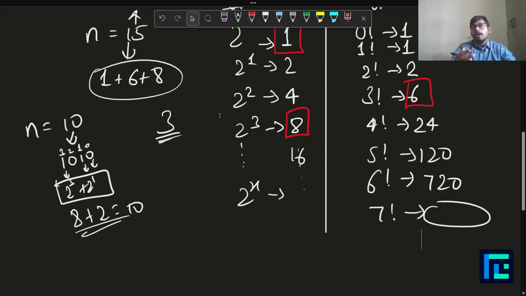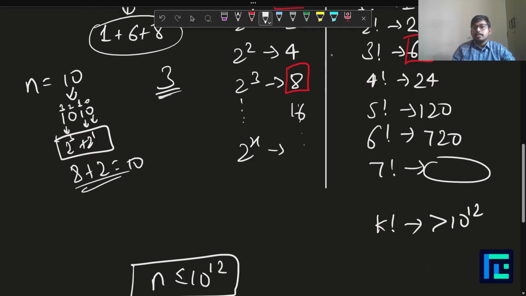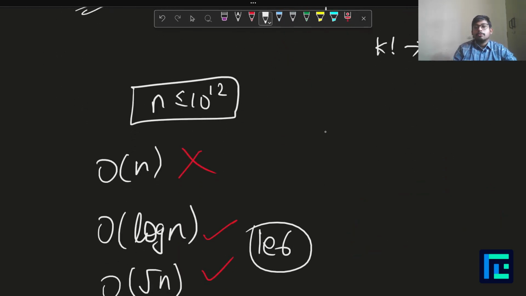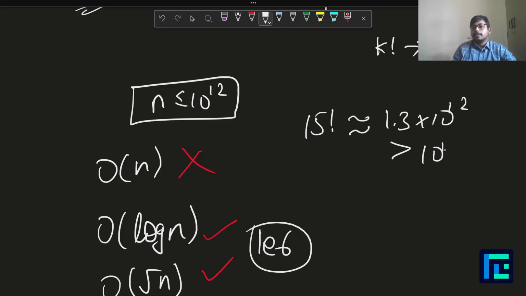So if some k factorial goes more than 10 to the power 12, that means I would never use this k factorial, because I would never use a number greater than 10 to the power 12 to form something less than 10 to the power 12. So which factorial goes past 10 to the power 12? 15 factorial is approximately 1.3 into 10 to the power 12, which is greater than 10 to the power 12.